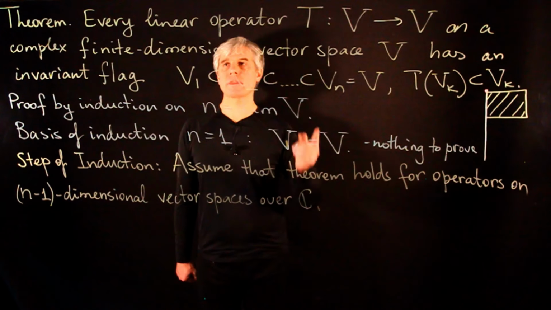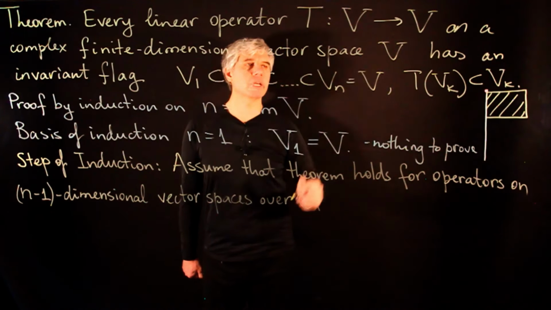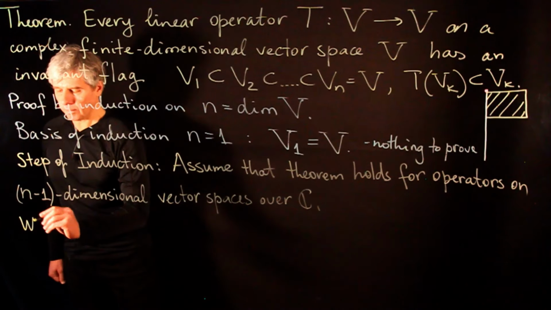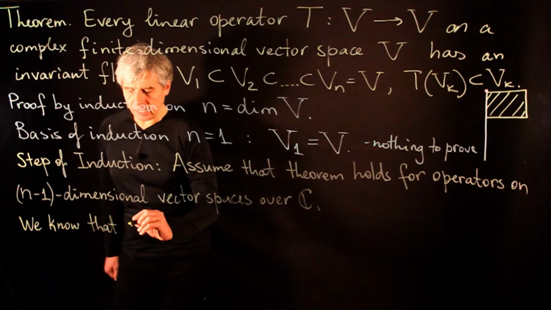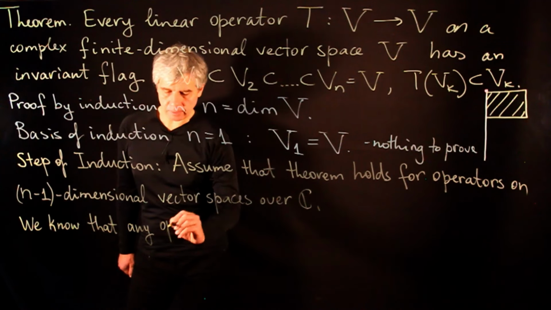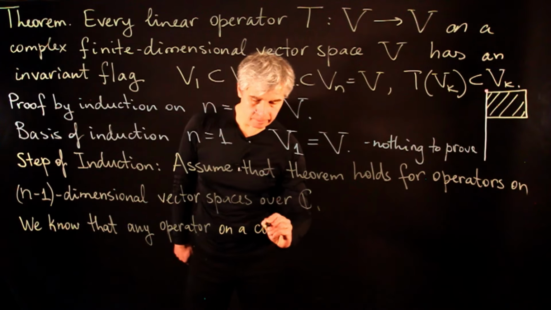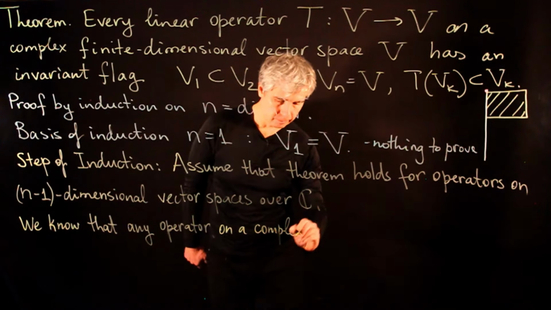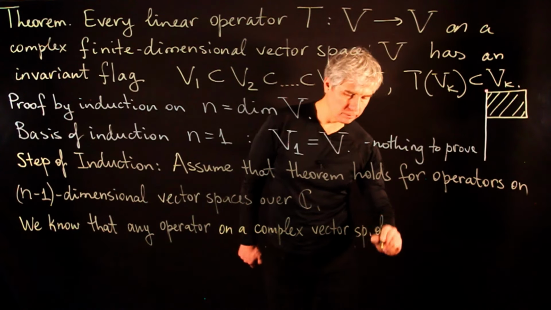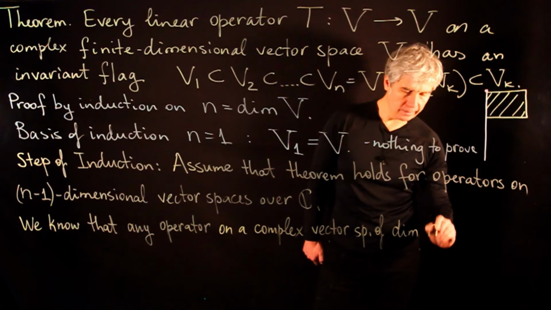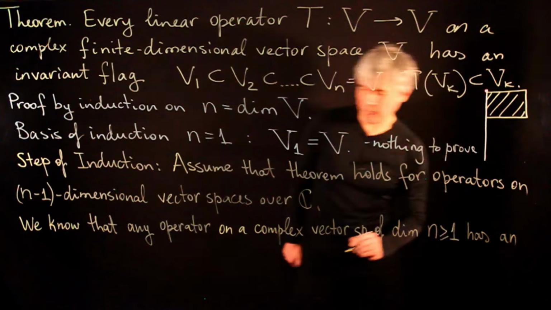Let us prove that our claim holds for operator on n-dimensional vector space. We know that any operator on a complex vector space of dimension n greater or equal to 1 has an eigenvector.